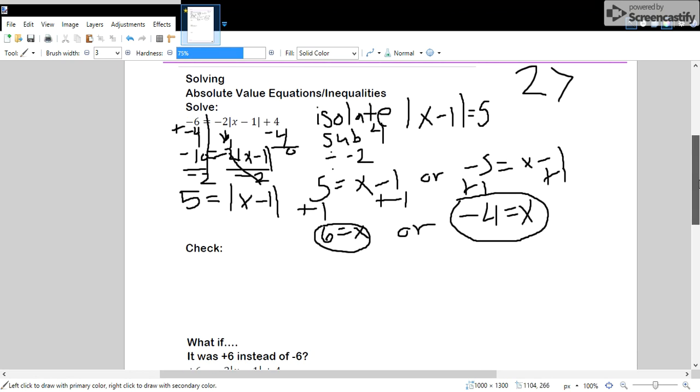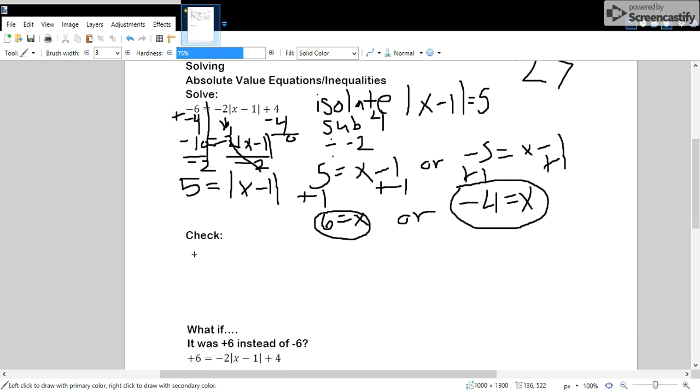Here's how you can check your work. So we'll plug in each of these and see if it's a true statement. So let's plug in 6 first. Absolute value of 6 minus 1, does it equal 5? Well, 6 minus 1 is 5, and the absolute value of 5 is 5, so that one works. That is a real solution.